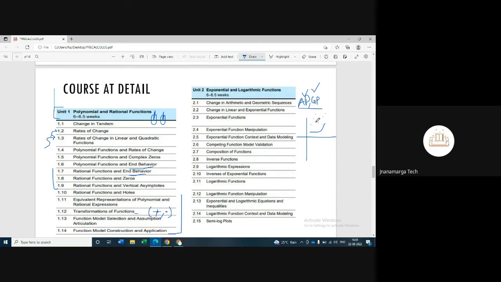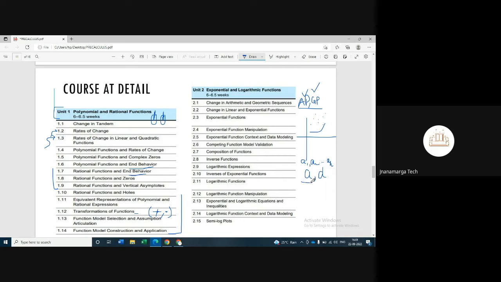So just by listening to the word sequence, we know that there must be successive terms. In an arithmetic sequence, we have a common difference, and we have a constant rate of change. So we have a first term, and a difference between the two terms. So we have terms, say A1, say A2, and so on till An, where n can be the number of terms present.